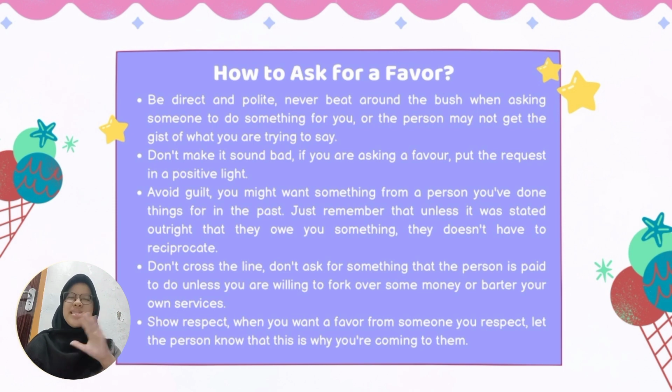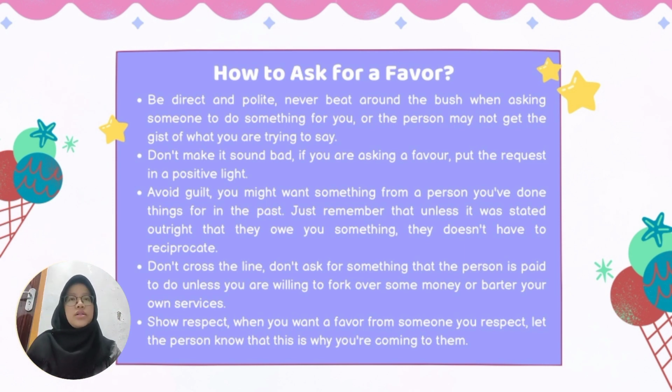And next is don't make it sound bad. If you are asking a favor, put the request in a positive light. For example, you have to say, sorry, I know you are busy, but could you please help me to open the window? Could you please help me to make my laptop good again? That's the example for don't make it sound bad.